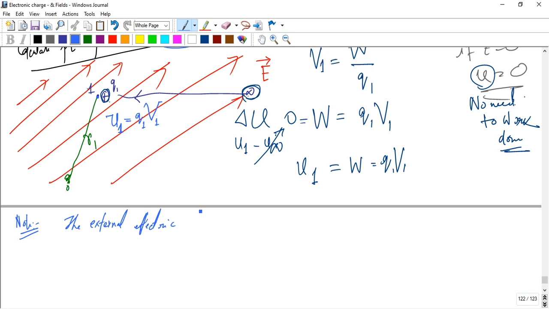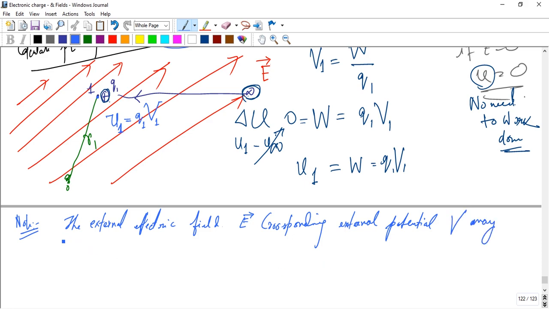Electric field E corresponding to an external potential. If the electric field is here, then obviously there is an external potential V, which may vary from point to point.